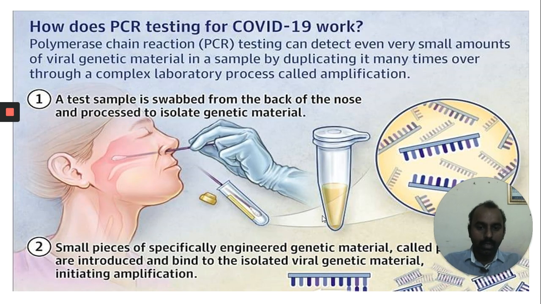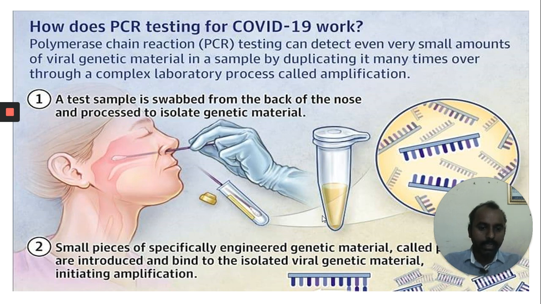So the testing strategy which is available till date all over the world is RT-PCR, real-time polymerase chain reaction. It can directly detect very trace amounts of virus in an accurate manner. So the first step of the protocol is the nasopharyngeal swab is collected.